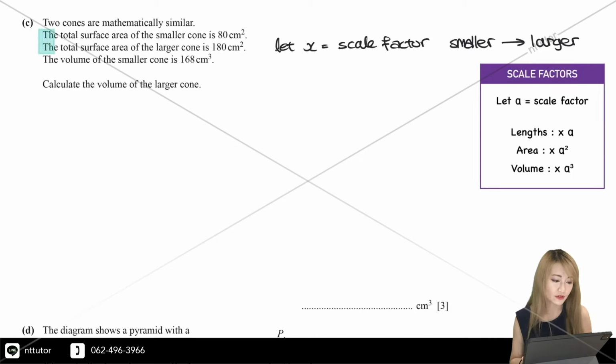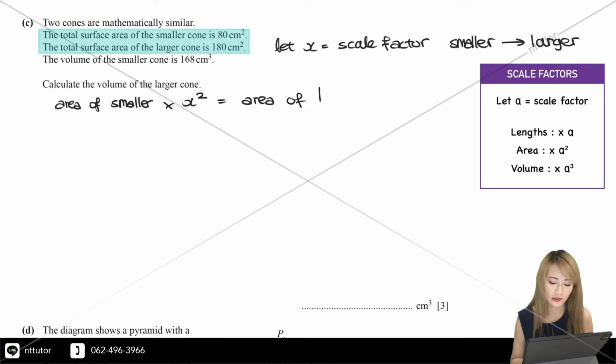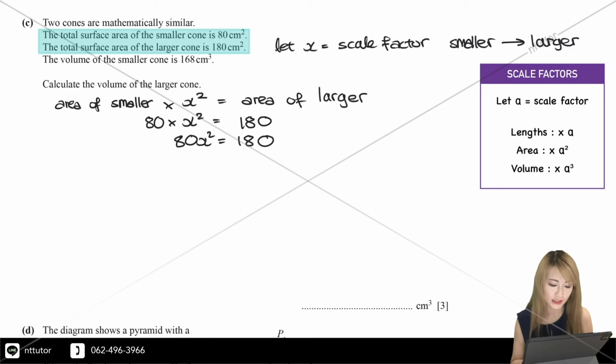So we are given the surface area of the two cones. This means that the area of the smaller cone multiplied by scale factor squared, because we're working with area, must equal the area of the larger cone. So that's 80 multiplied by x squared equals 180, and we can use this to solve for the scale factor.